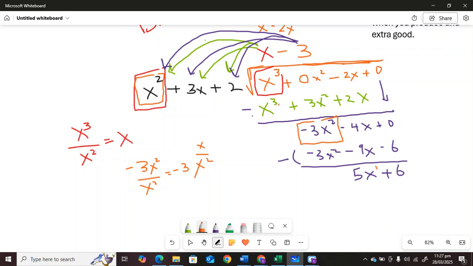As you've noticed, we divided this x squared with this x cubed, then we also divided it with this negative 3x squared. So you're only dividing the first terms in each equation. So this is our remainder here. The remainder, okay? Remainder 5x plus 6.